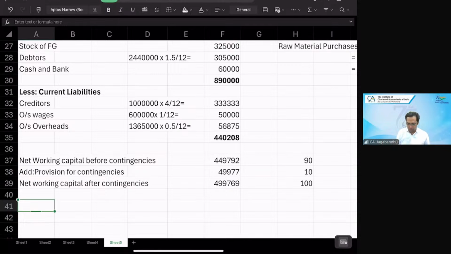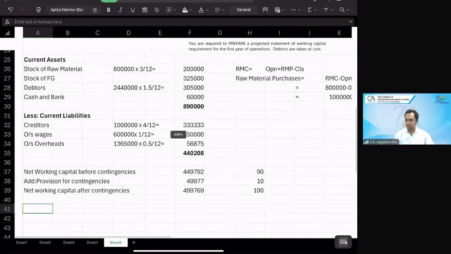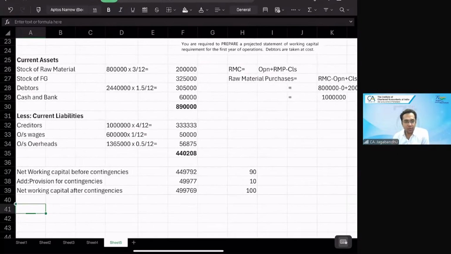Okay. Is this estimate of working capital clear to everyone? Yep, guys. Estimation of working capital. Is it clear? Yeah. Okay.